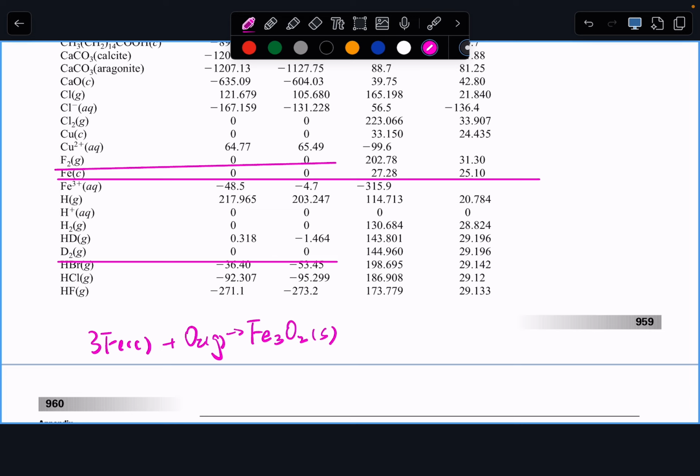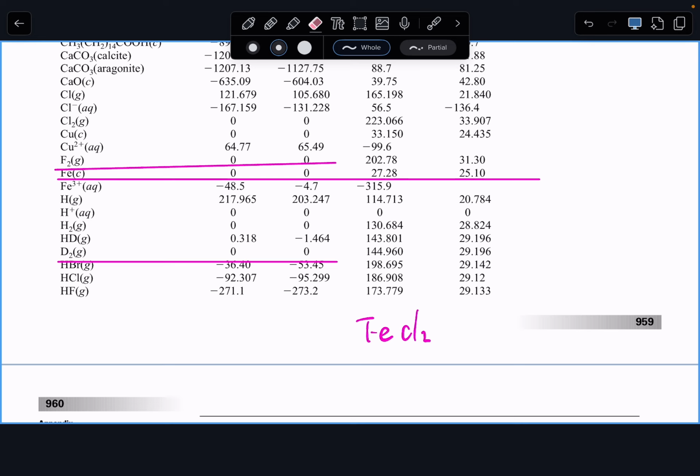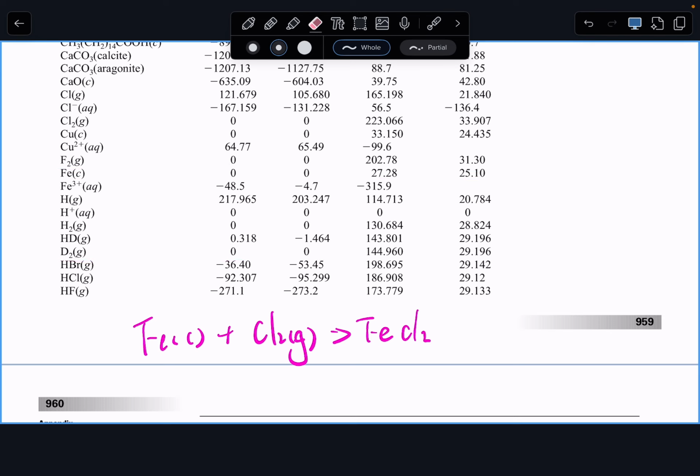So I know they all start from big F, and they look similar. But fluorine, then if I'm looking for, like, FeCl2, and then FeCl2 would come from Fe condensed plus Cl2 gas. Yeah. Okay.